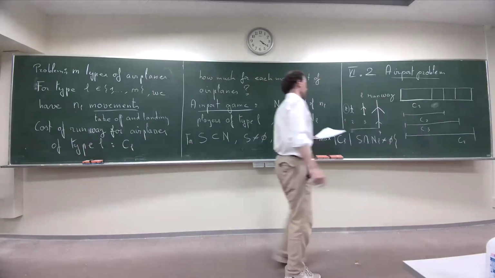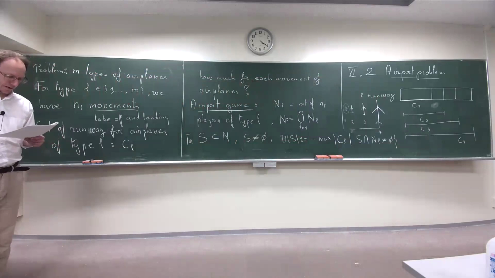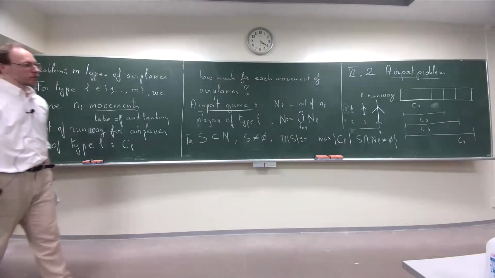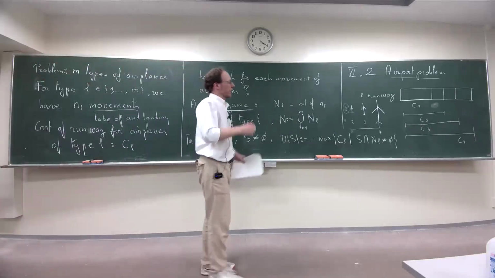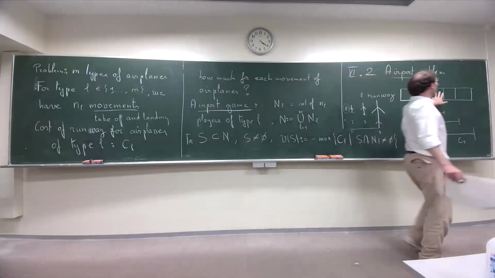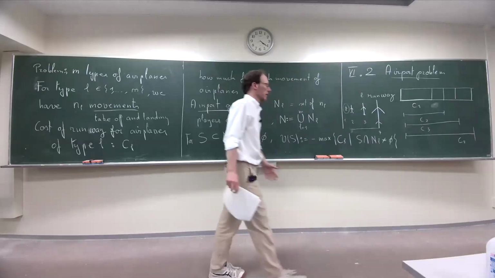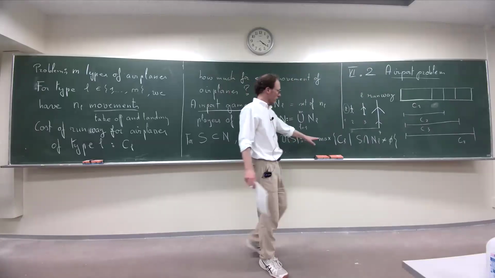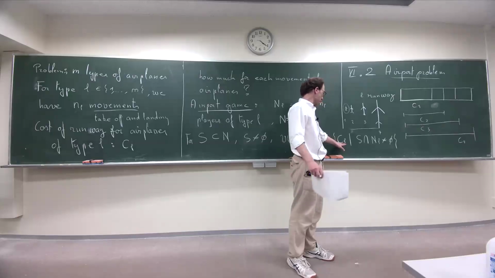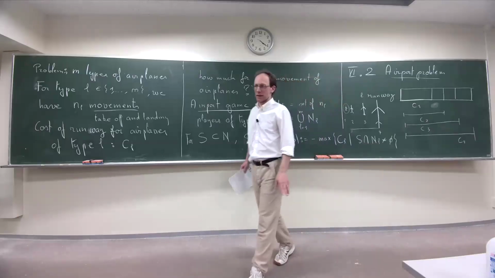Please try to think about this. What does it mean? Because, as I said already, if you have only small airplanes, there is no reason to pay for a long runway because you don't use it. So for the cost of the coalition, you look at the biggest L, so that you have an airplane of this type.